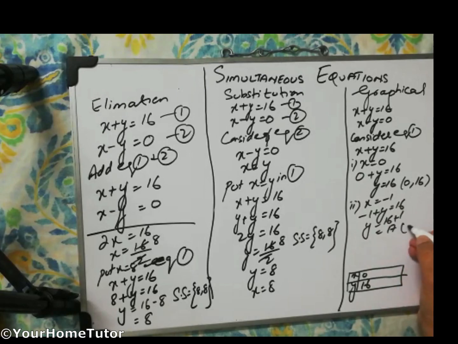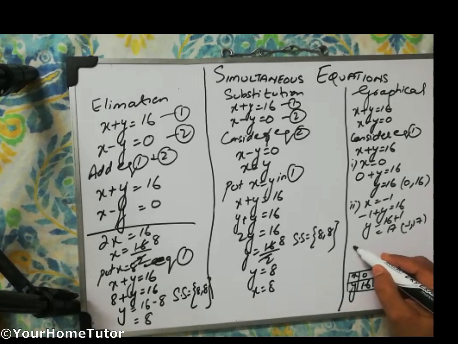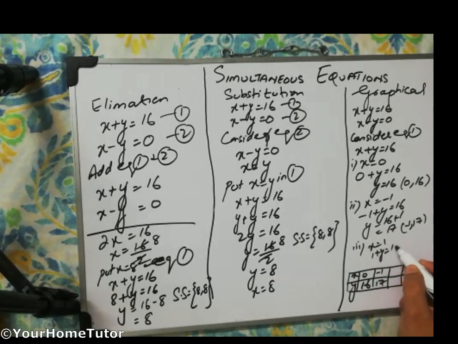The second ordered pair is minus 1 and 17. Then, third, if we take x as 1, 1 plus y is equal to 16, so y is equal to 16 minus 1, which is 15. So the third ordered pair is 1 and 15.